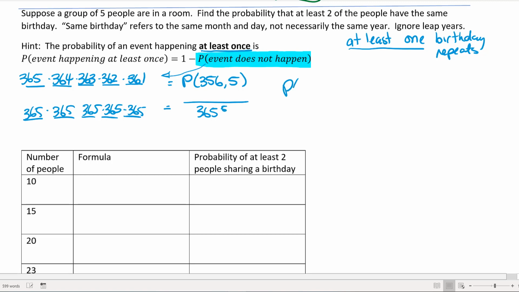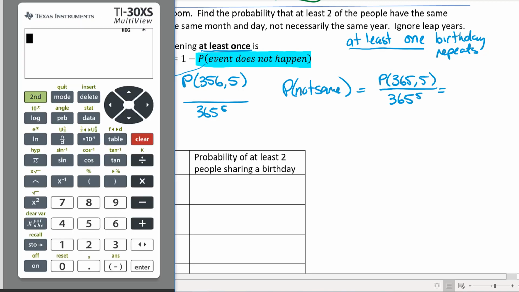So the probability that they're not the same birthday is going to be a permutation of 365 choose 5 divided by 365 to the 5th. So I'm going to get my calculator out for that one. So 365, probability button, choose 5, divided by 365 to the 5th.